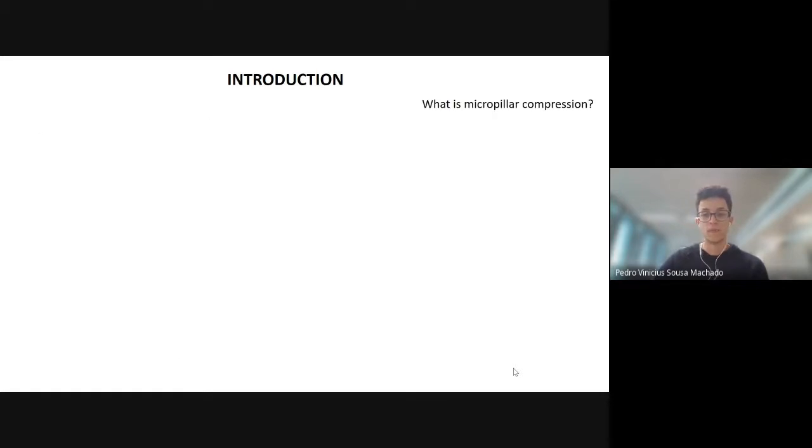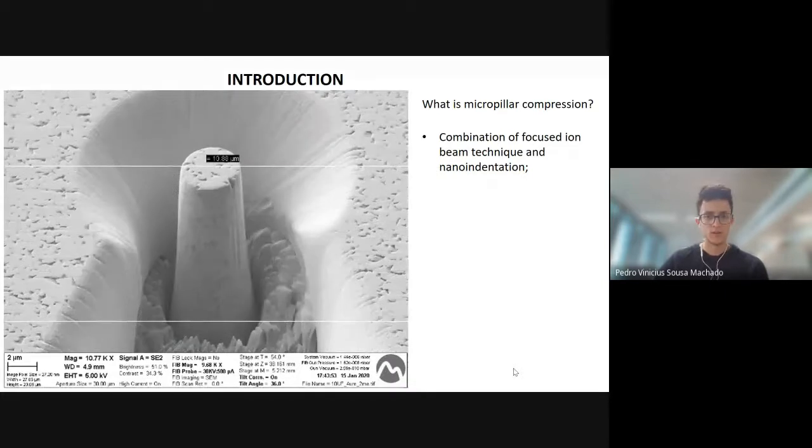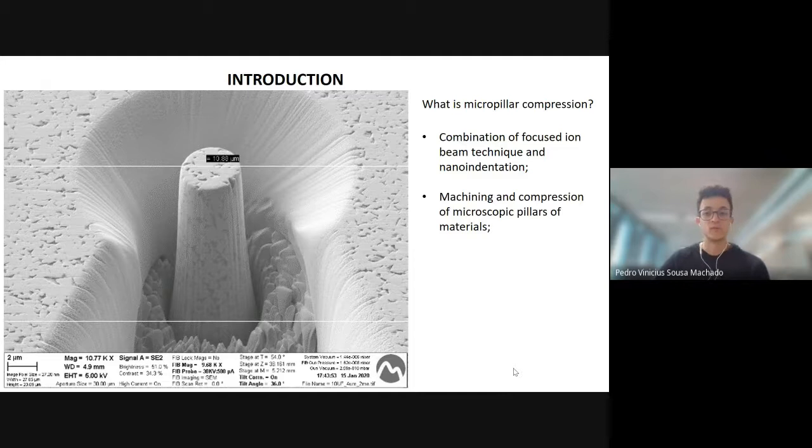So first of all, what is micropillar compression? It's a combination of the focused ion beam technique and nanoindentation. With the FIB technique, we can make very small cylindrical samples of the material you're analyzing, and with nanoindentation, you can compress them.